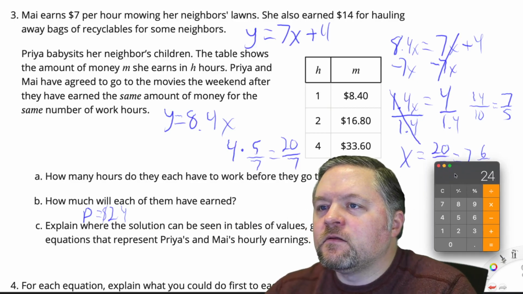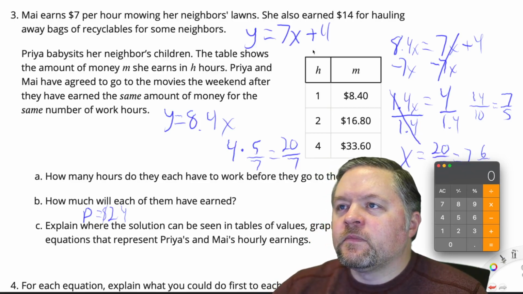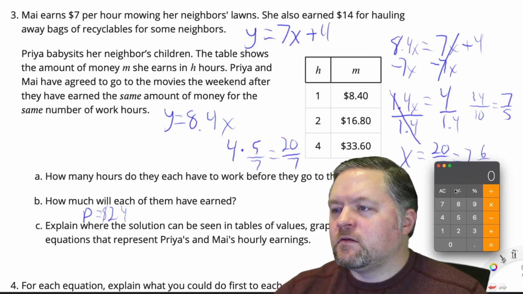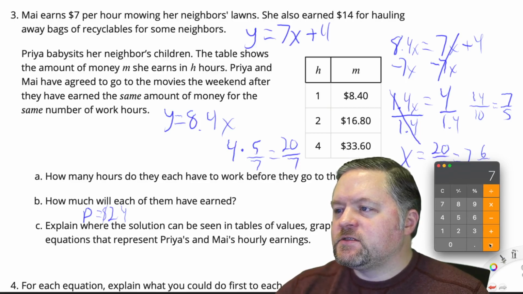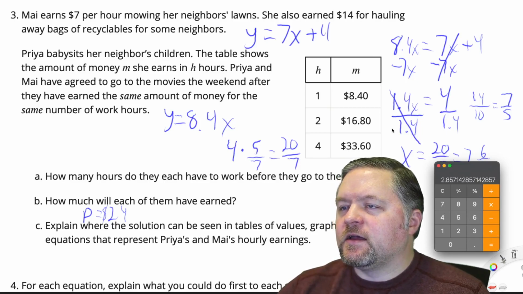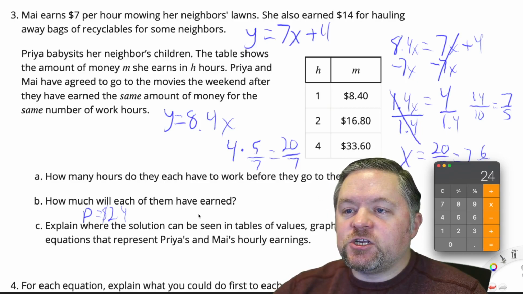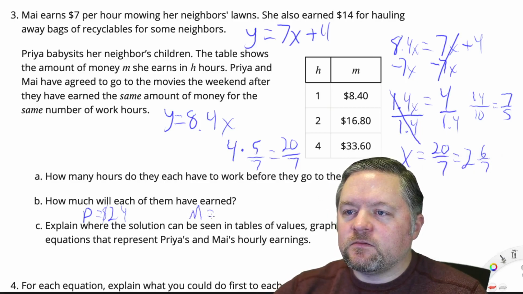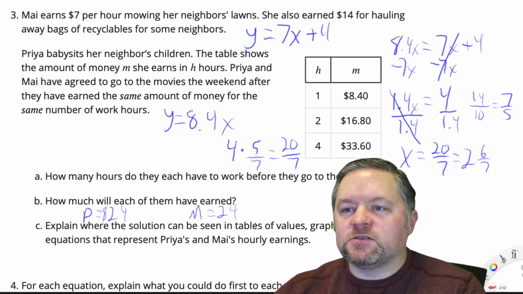And Mai is 2 6/7 times 7 plus 4. Ooh, we just checked our work. Mai also earned $24.